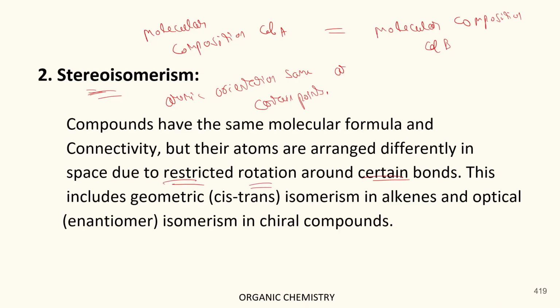But here is one thing: there is restricted rotation around certain bonds. So only certain bonds have some restricted rotation. So the molecular orientation of A differs from that of B because of this restricted rotation around certain bonds. So this is a form of stereoisomerism.